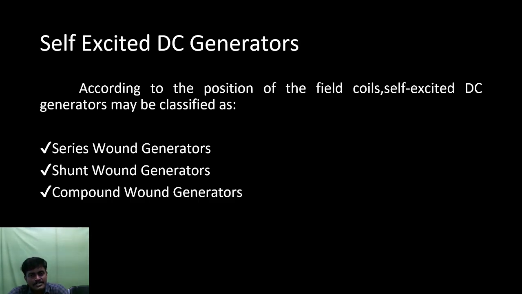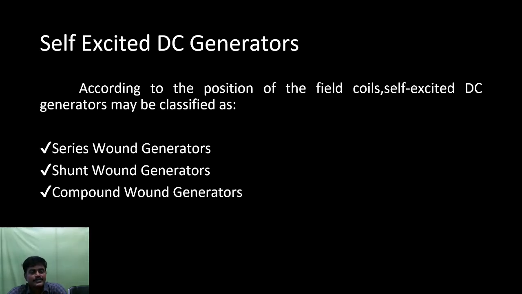What is meant by series connection? Each and every device, each and every piece of electrical apparatus, has 2 connecting points. When one connecting point connects to the other component without any disturbance, we can say these 2 components are in series.